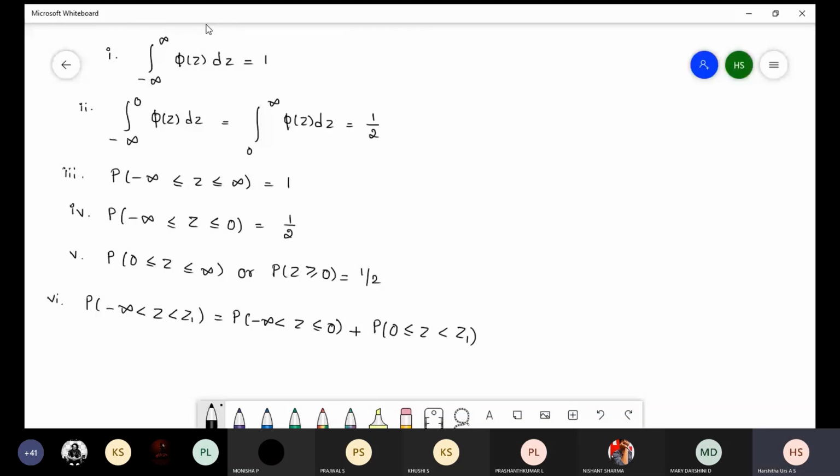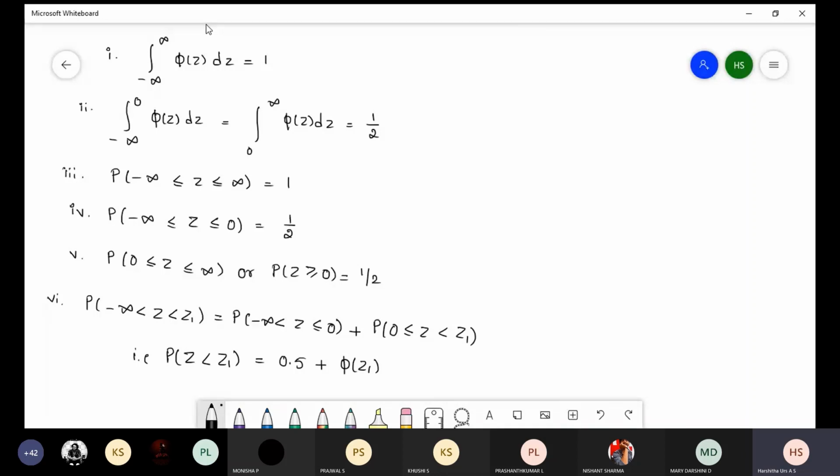So this one we can write as P of z less than z1 is equal to 0.5 plus phi of z1.